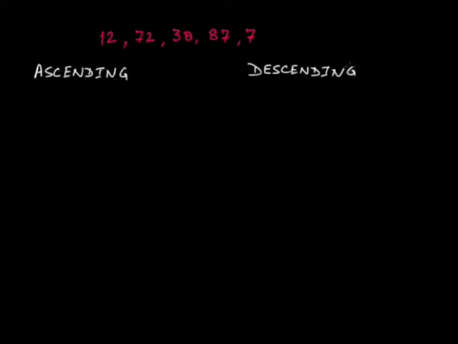Let's see what that means. If you're asked to write these numbers in ascending order, that means first start from the smallest number, and then write the number which is larger than this smallest number, then write the number which is larger than this number, then the number which is larger than this number, till you find the largest number.